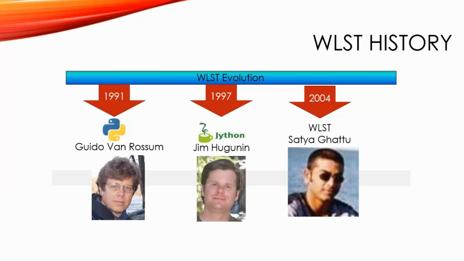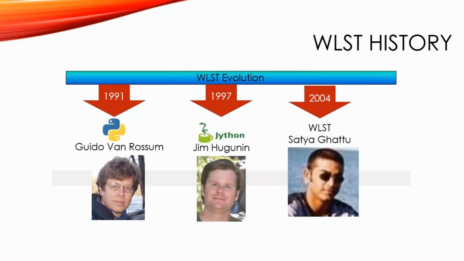The history, a little bit of evolution. Python came from the 1980s, and its first version came in 1991. WLST is based on two languages, Python and Jython. Jython was developed by Jim Hugunin, who created it in 1997 and then left the organization. It's open source. Python is also open source, Jython is also open source. But Python is continuously updated, whereas for 5 years nobody touched or improved Jython.